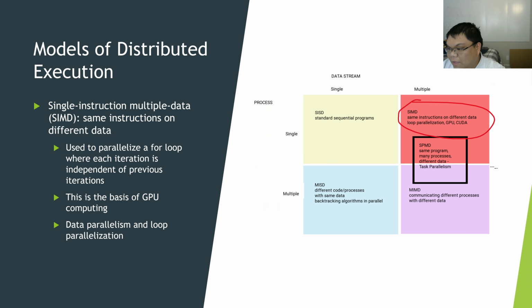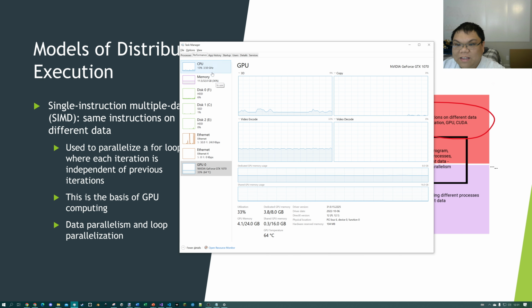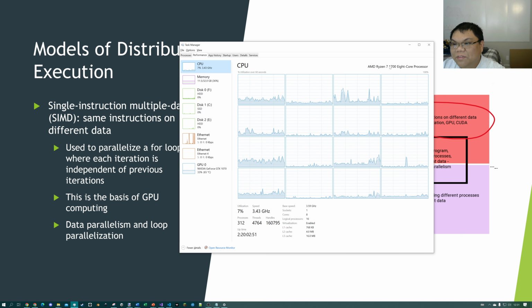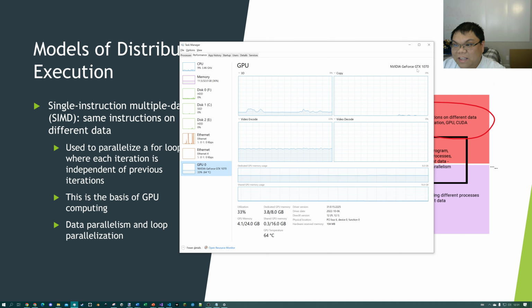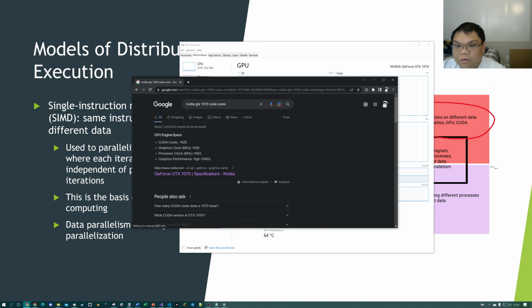I've shown my computer stats already. It's a Ryzen 7 1700 8-core processor, and my computer also has an NVIDIA GTX 1070. If we look at the number of CUDA cores on this thing, we get 1900 CUDA cores?